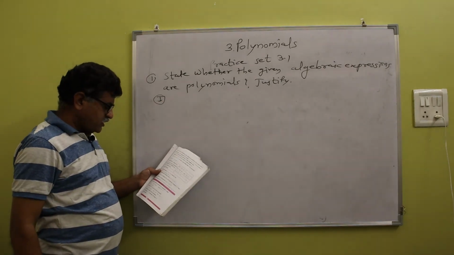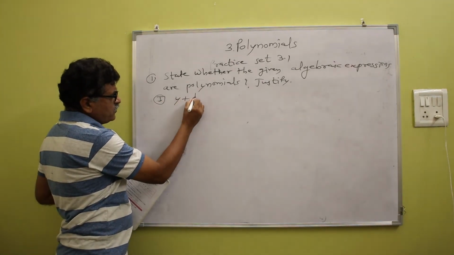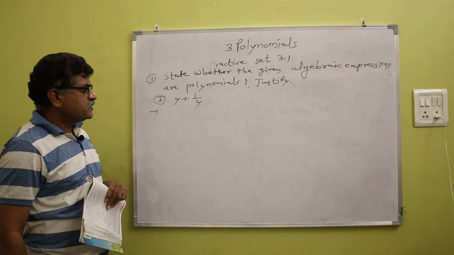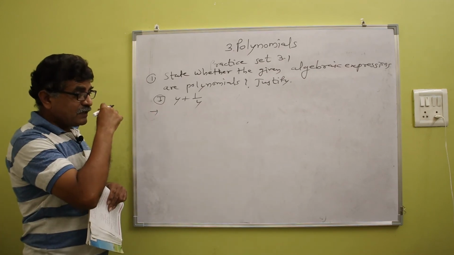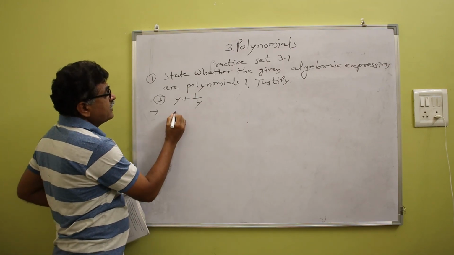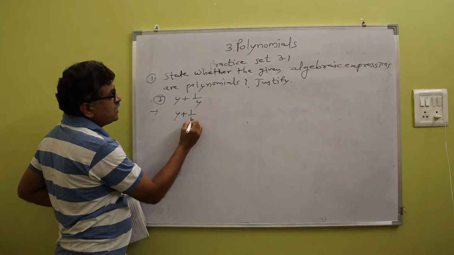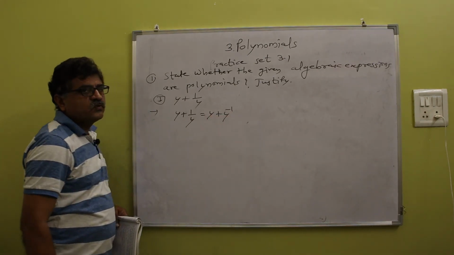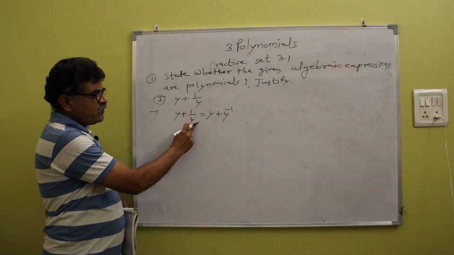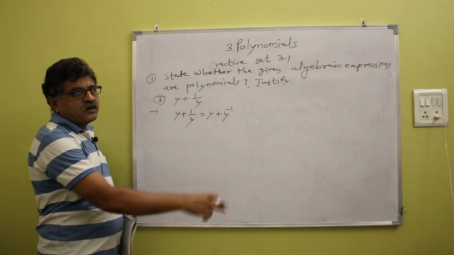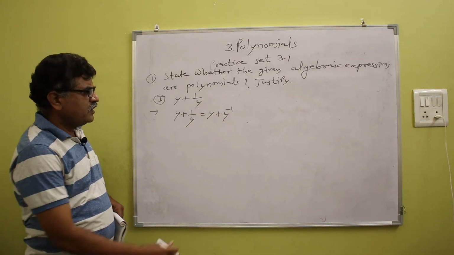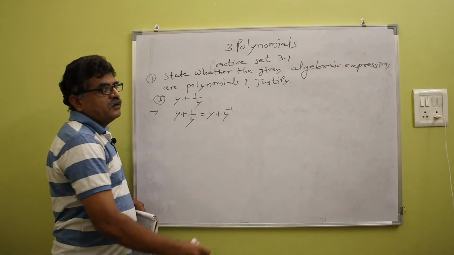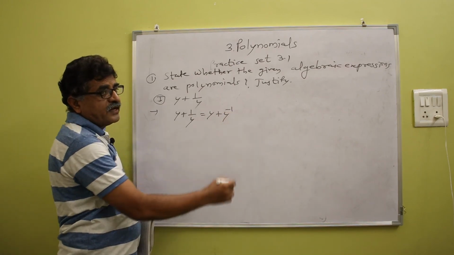Now here first, y plus 1 upon y. This is an algebraic expression. We can write this as y plus 1 upon y is equal to y plus y to the power minus 1. 1 upon y is written as y to the power minus 1. Here power of variable is negative.